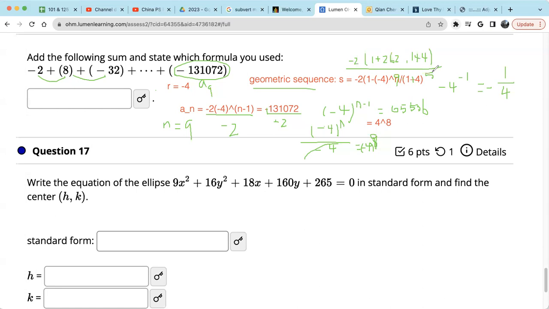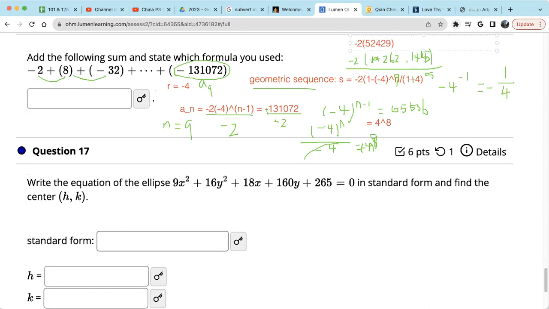All right, so we add 1 to this number. That becomes 262,145. So the inside, because I add this 1, this 4 becomes 5. So this can be divided by 5. If I divide it by 5, I get 52,429. Let me type. I get negative 2 times 52,429. This is very easy to make a mistake.